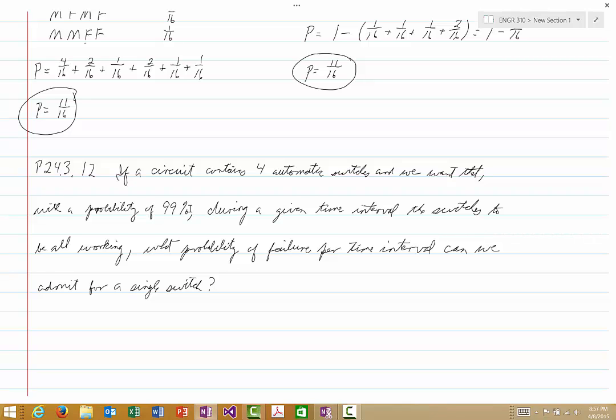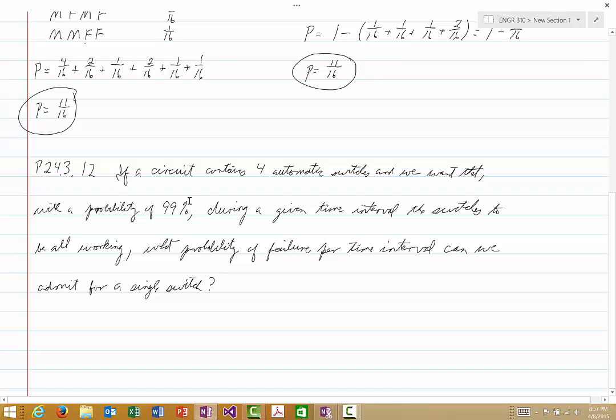And let me just point out that you know for sure that the probability of failure for a single switch has to be less than 1%. Because let's say if each one of these had a 1% chance of failure, that means that each one would have a 99% chance of not failing.